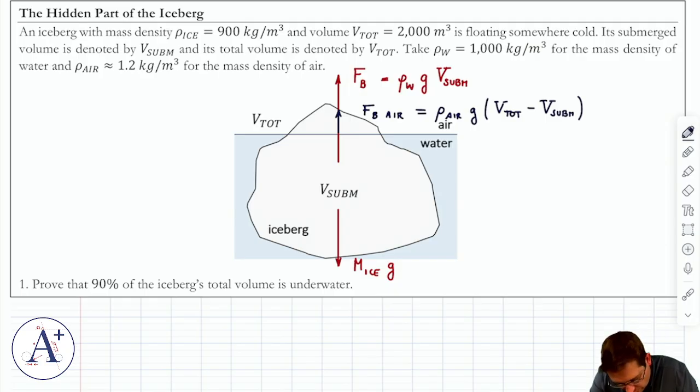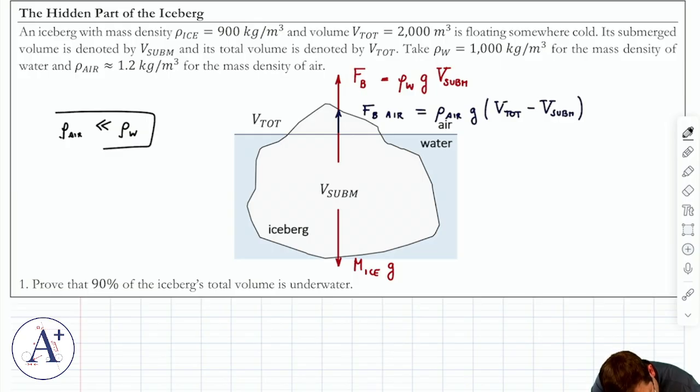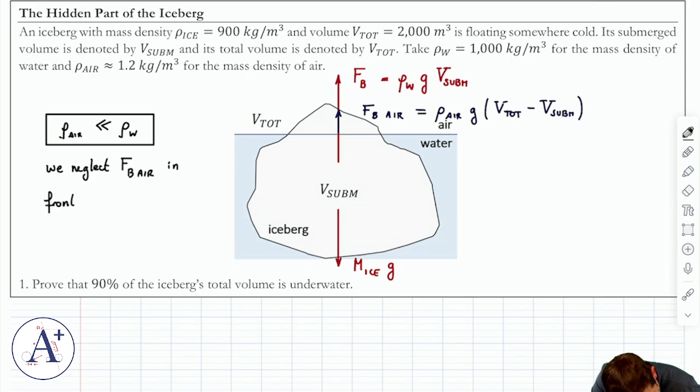Okay. And so this is a very important thing to acknowledge, which is that because rho air is so small in front of rho water, we neglect the buoyant force due to air in front of the buoyant force due to water.